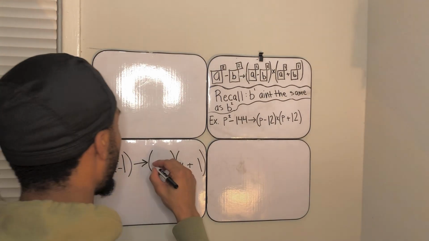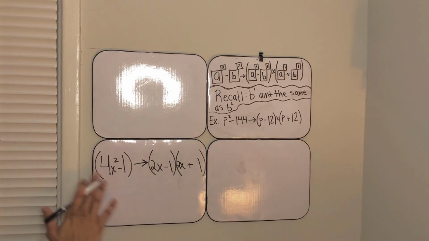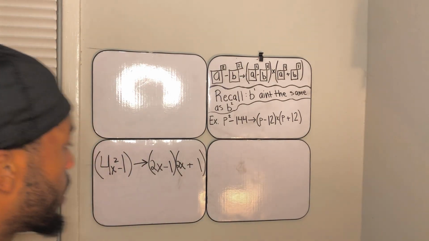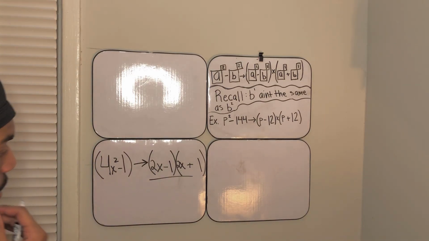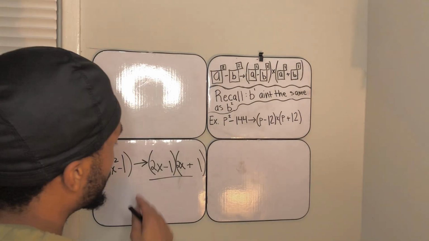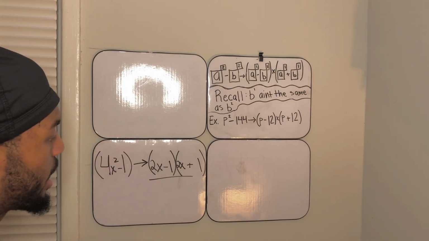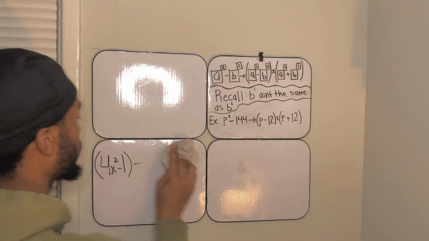So we'll just put that right in front of both of these, because we got to make sure that we account for that 4 that's still in there. And so this is going to be our answer right here: 4x squared minus 1, when you factor that, equals 2x minus 1 times 2x plus 1.